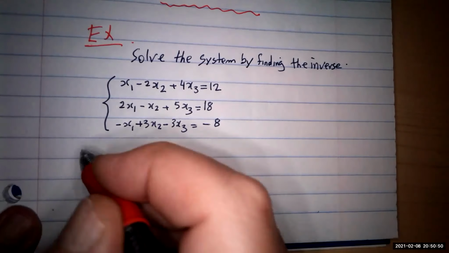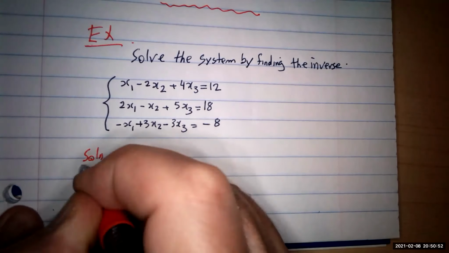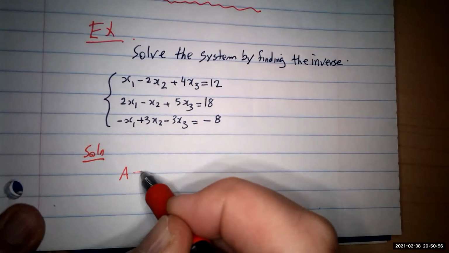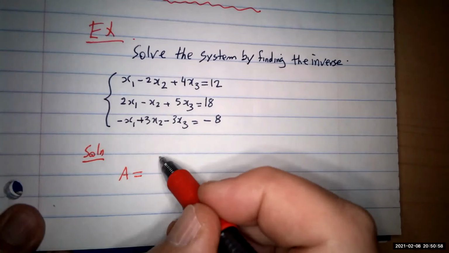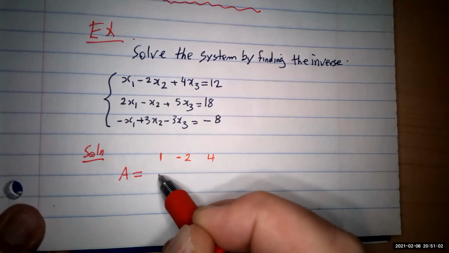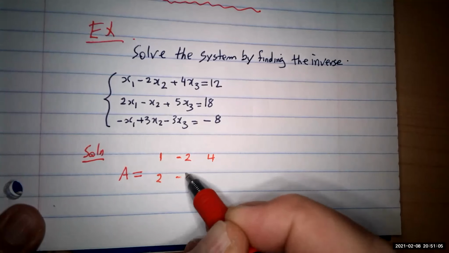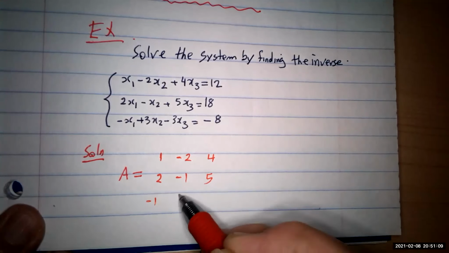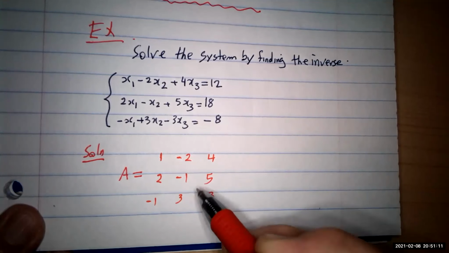Okay, so I check the format. You have to tell us what A is going to be. A is going to be the matrix of the coefficients, which is 1, negative 2, 4; then 2, negative 1, 5; and the last one is negative 1, 3, and negative 3.